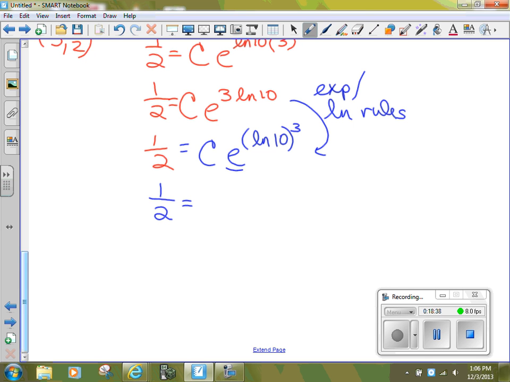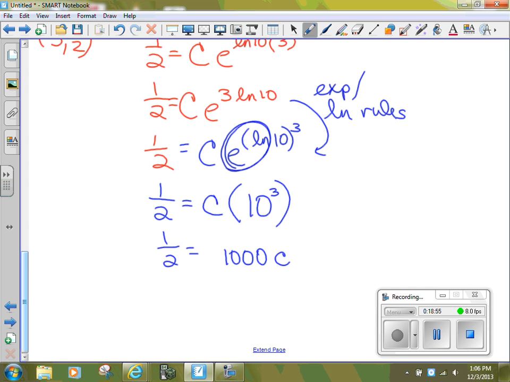This right here is what's going to cancel. C times 10 to the 3rd power. What is 10 to the 3rd power? It's 1,000, isn't it? Okay. And folks, remember this is all done without a what?